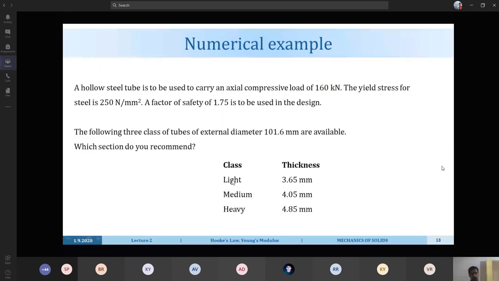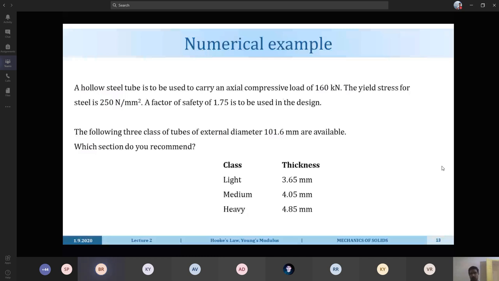For safety purposes, we can say you design with a heavy tube. That's the easy way of saying. But if you go for this heavy tube, we need to construct a thickness of 4.85, using extra resources. If you go for the medium one with 4.05 thickness, we can save some material while constructing. So the question is, which section do you recommend?